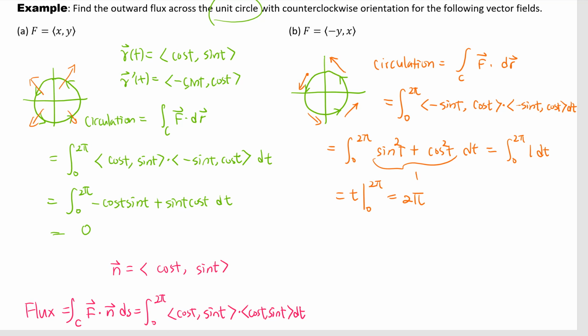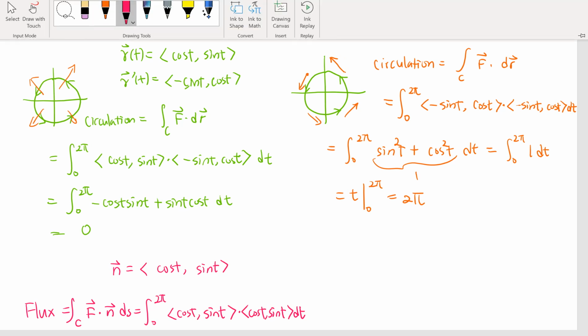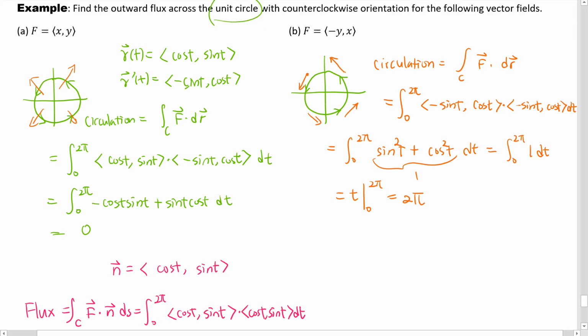Next, let's compute the flux. First of all, by looking at the picture, you can see the vector field is going along the curve, in the direction of the curve. Then you can see the orthogonal component is going to be 0, right? So we expect we're going to have a 0 flux. But let's calculate that.